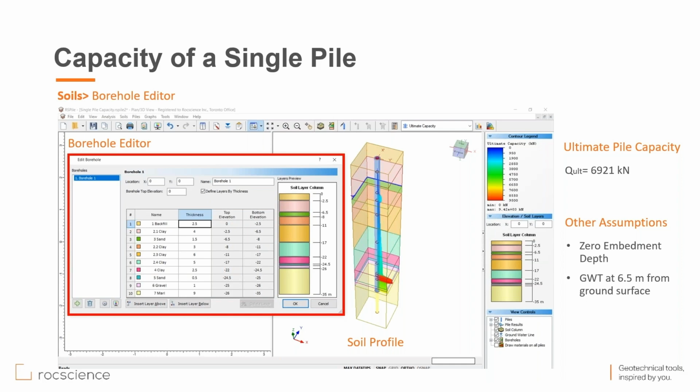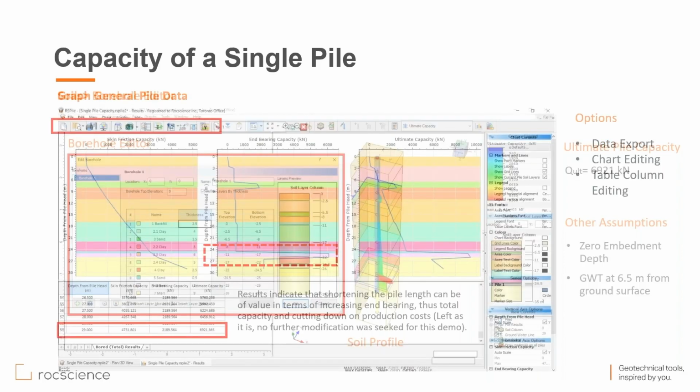Worth mentioning, our other assumptions were that the tank was located directly on the ground without any prior excavation to make our lives easier, and the groundwater table was located at 6.5 meters from the ground surface.